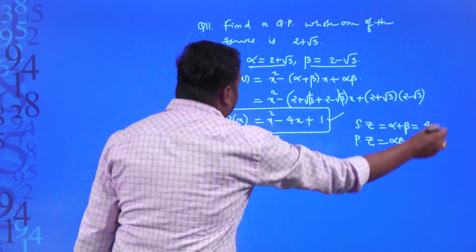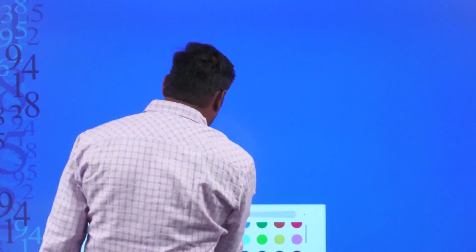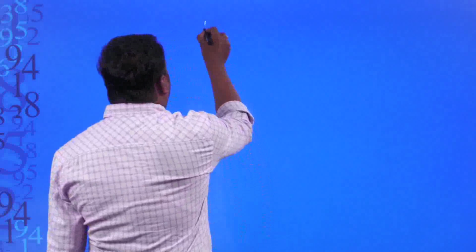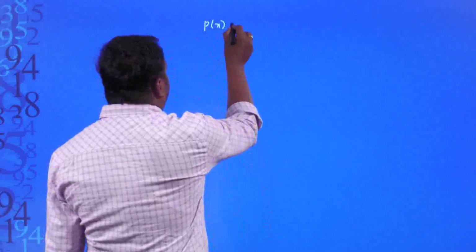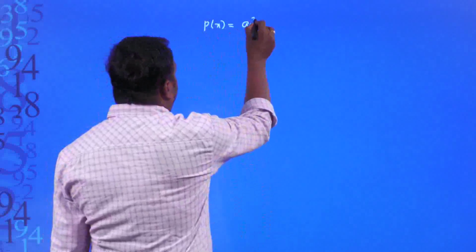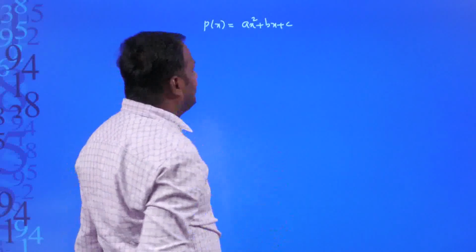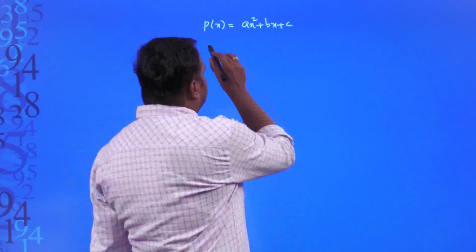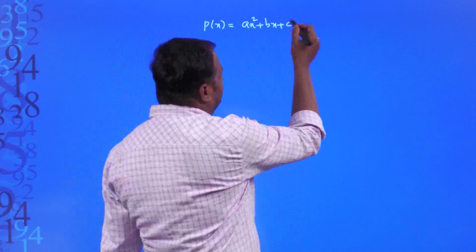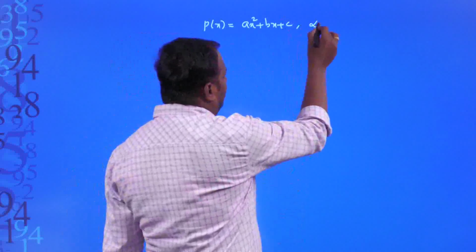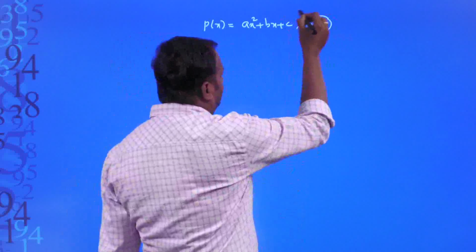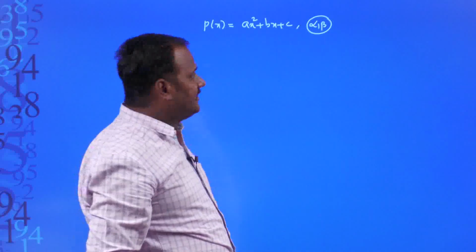For that, I am going to take the standard form of the second degree polynomial, that is p of x is equal to ax square plus bx plus c. And let us consider the zeros of this polynomial to be alpha comma beta.